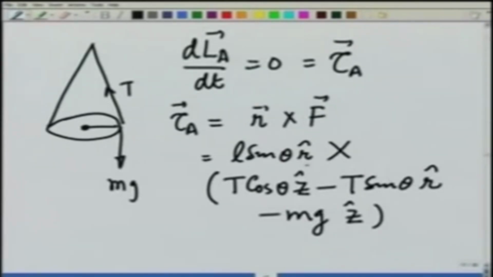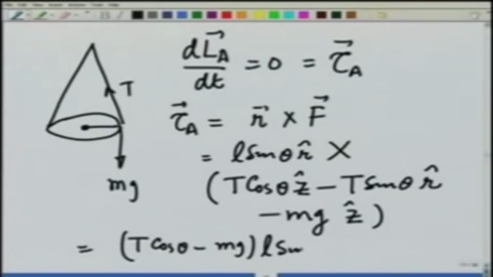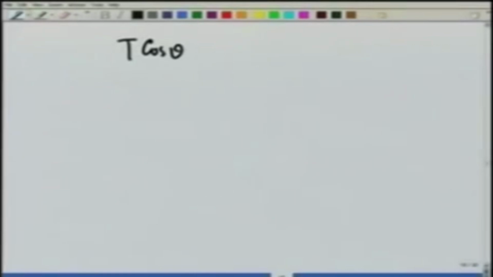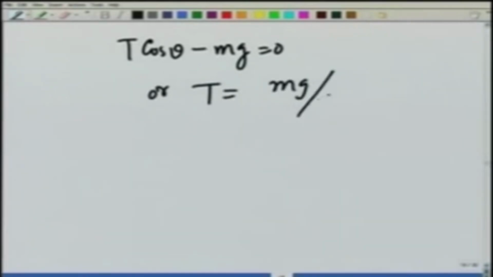R cross r is 0, and therefore, when I take torque about A, I get r cross z is minus phi, (T cosine theta minus mg) times L sin theta in the minus phi direction, and this must be 0, because dL_A/dt is 0, and this gives me T cosine theta minus mg equals 0, or T equals mg over cosine theta, which is the same result as I obtained from Newton's second law, direct application, F equals dP/dt.